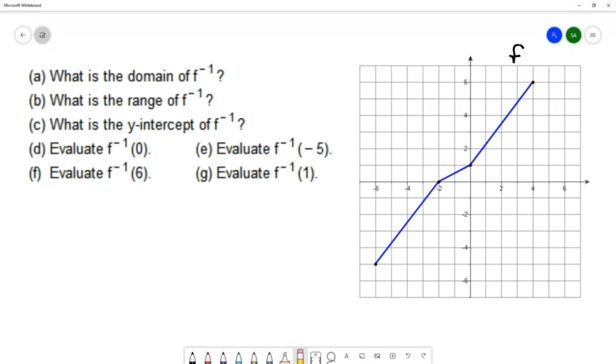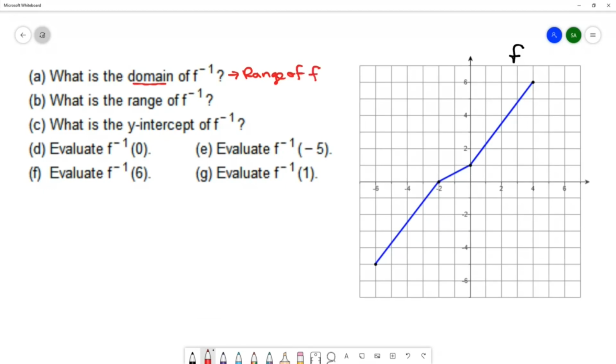And what we know about inverse functions is that the x and the y value get switched. So really, if we're looking for the domain of f inverse, and we're given f, we're going to use the range of f to answer this question.